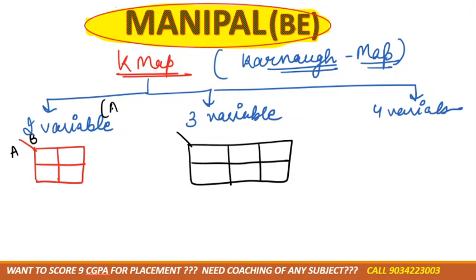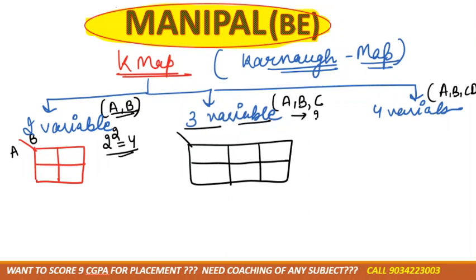Two variable means A and B, three variable means A, B and C, and four variable means A, B, C, D. So for two variables, 2 raised to 2 is equal to 4, which means we need to make 4 boxes like this. Three variable means 2 raised to 3, which means we need to make 8 boxes like this.